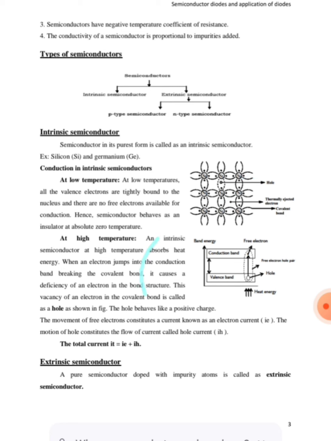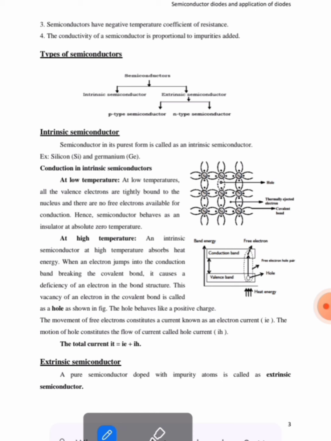I already told you that these semiconductors behave both as a conductor as well as an insulator. When I do not provide any external energy, these semiconductors behave like an insulator. When external energy is provided, the valence electron absorbs that energy and becomes a free electron, leaving an empty space, and that empty space is called a hole, which has a positive charge.